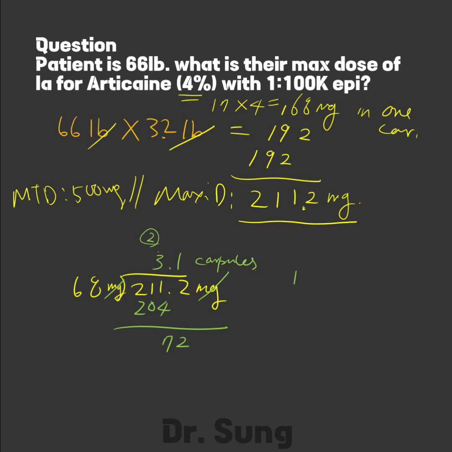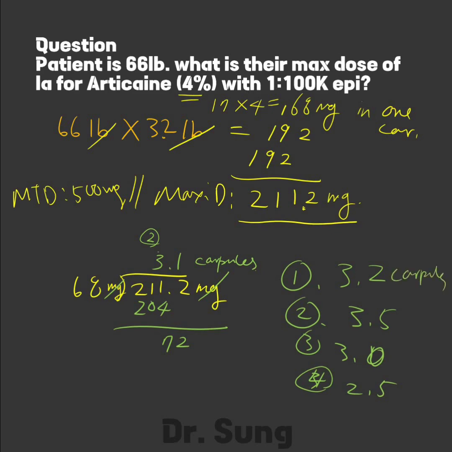So what if the question asks: number 1, 3.2; number 2, 3.5; number 3, 3.0; number 4, 2.5. Which one is the answer? These are the numbers of the carpules.